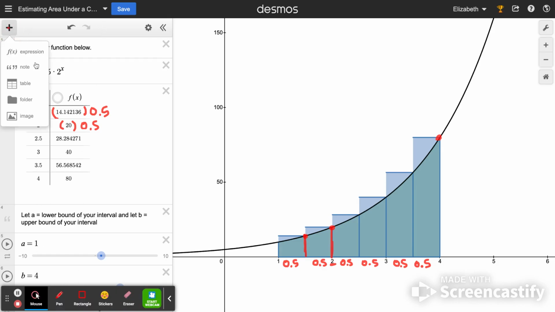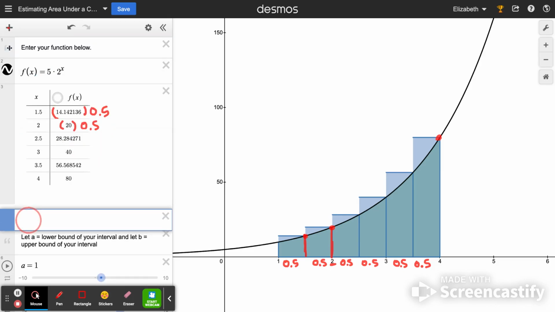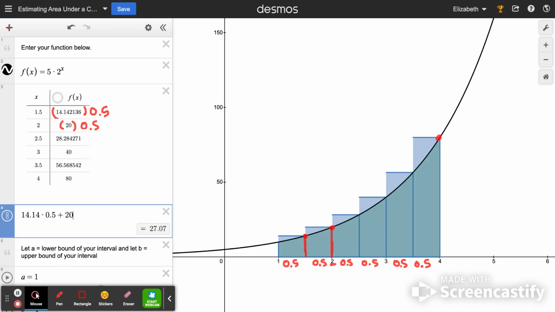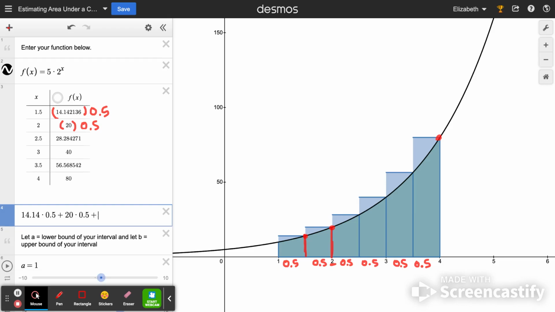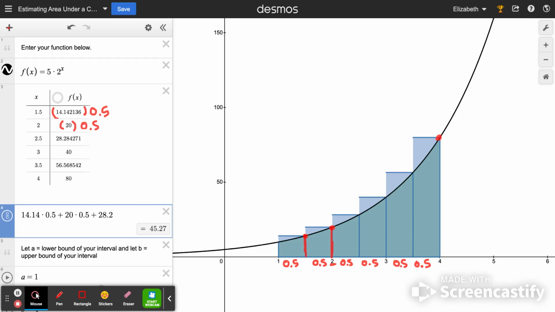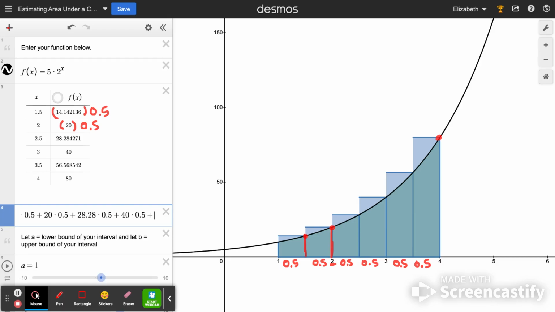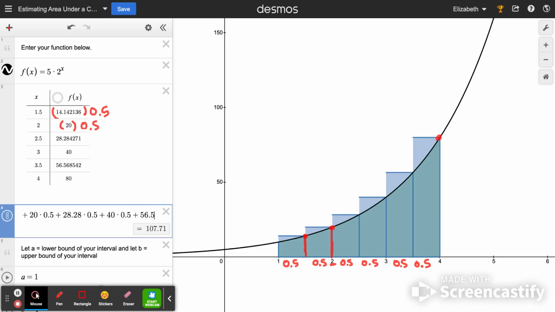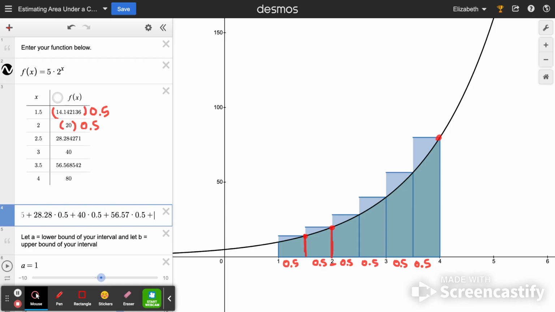Let me switch to a pencil. Down here, I'm going to just estimate at this point: 14.14 times 0.5 plus 20 times 0.5 plus 28.28 times 0.5 plus 40 times 0.5 plus 56.57 times 0.5 plus 80 times 0.5.